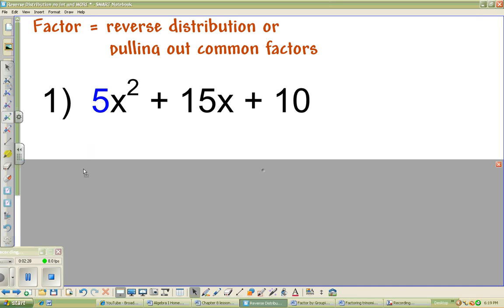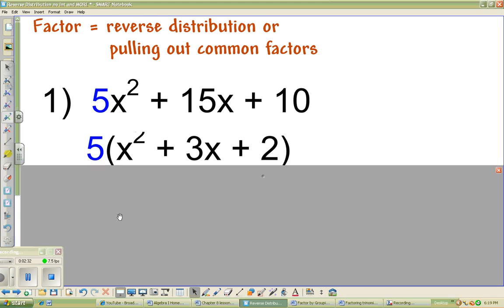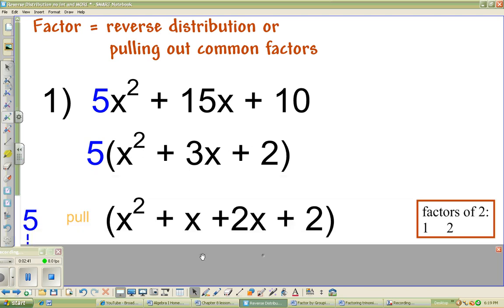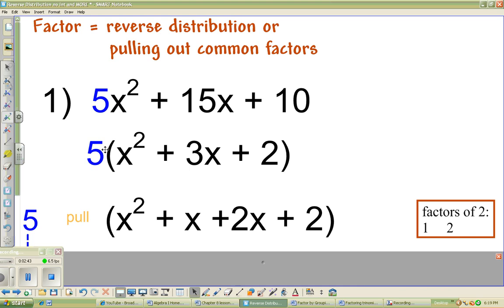So I will factor that 5 out, and it looks like that. Now we're going to focus on the trinomial that is left. For the moment, we will forget about the 5 or just place it off to the side here and pick that up at the end, because I want to focus on these 3 terms.